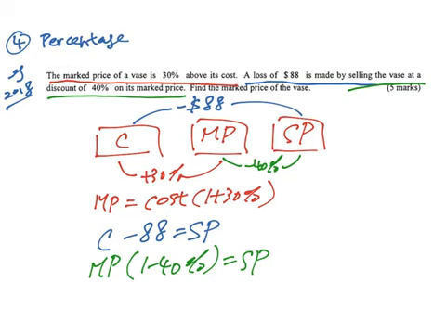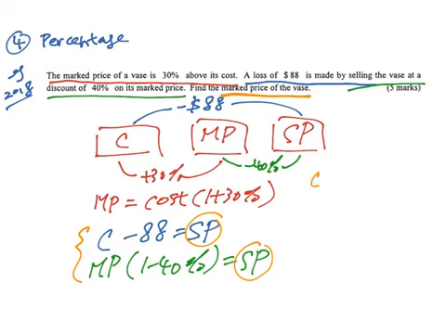For this question, we need to find the mark price. So we need to cancel all cost and selling price, then we can find the mark price. So we'll look at these two equations. Because they both have selling price, we can combine them.